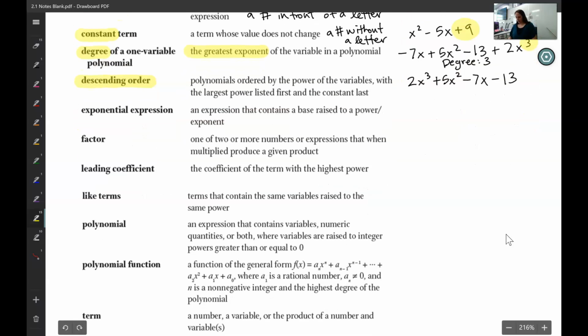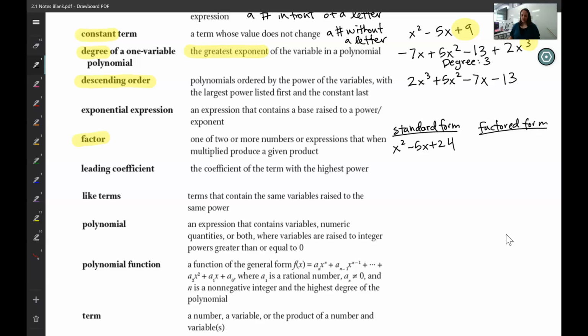The next big one you need to know is a factor. The importance for this one is you have standard form and factored form. Standard form, let's do an example you might remember from last year, would be all multiplied out, something like that. That's written in standard form. Now, if you were to factor this, it would end up factoring like this.